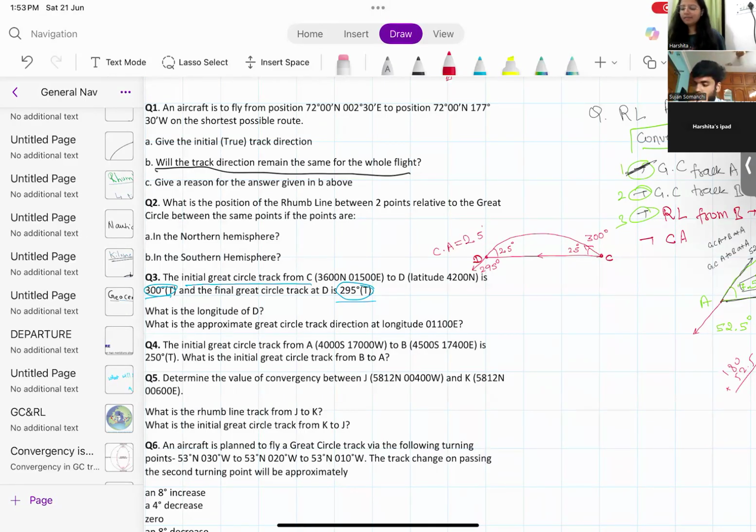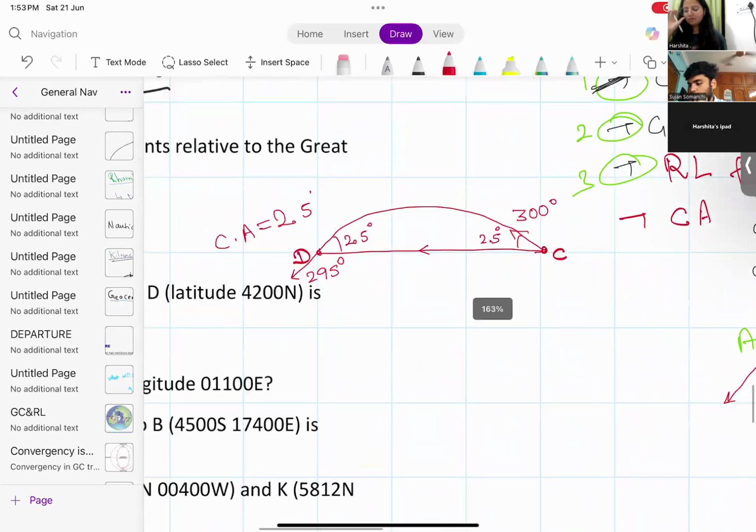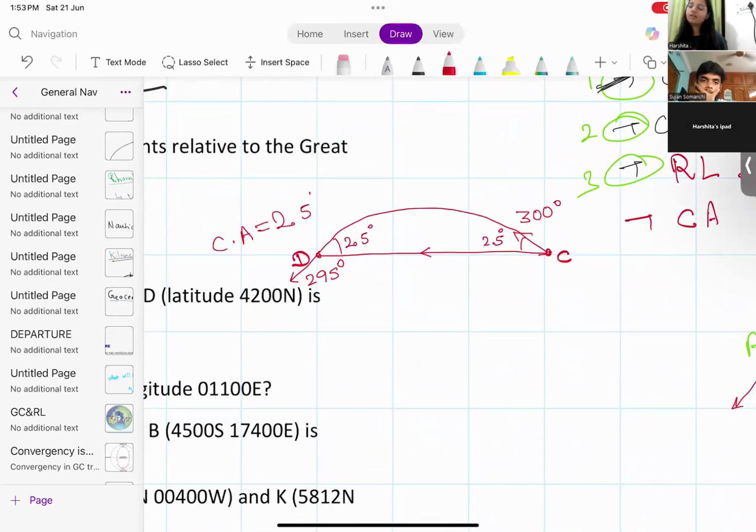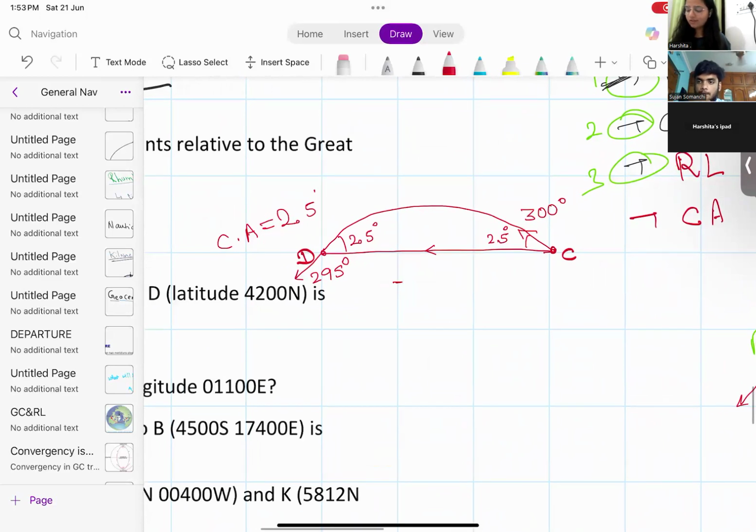Did you get the same diagram now? Yes, ma'am. All right. Since we know that great circle final minus great circle initial is convergency, you must have found out that its value is 5 degrees. You divided it by 2 and you got the conversion angle, right?